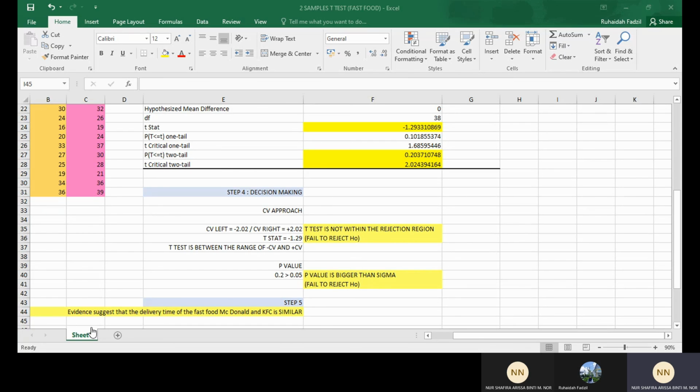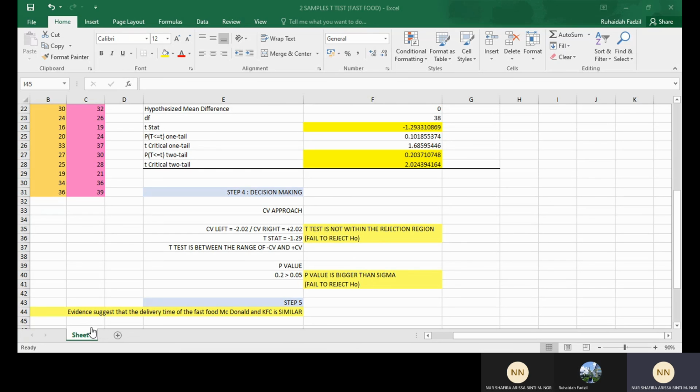Okay, for step 4, the decision making. For the critical value approach, the critical value on the left is negative 2.02, and the critical value on the right is 2.02. The t-test is not within the rejection region since it is a two-tail test. The t-statistic from the data analysis is negative 1.29.